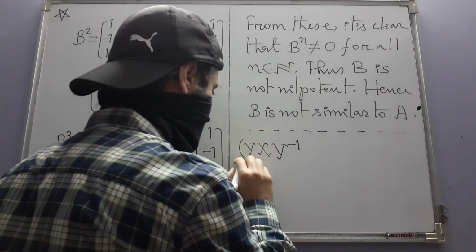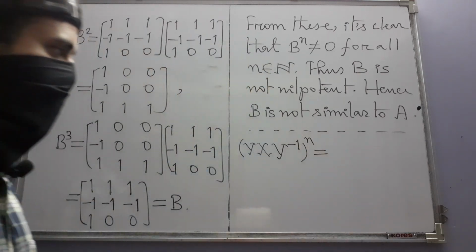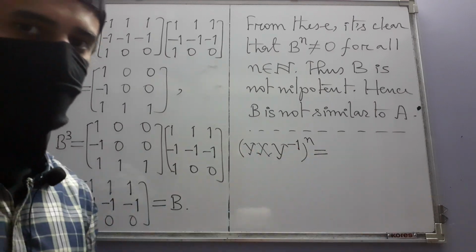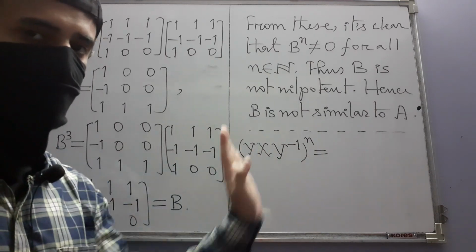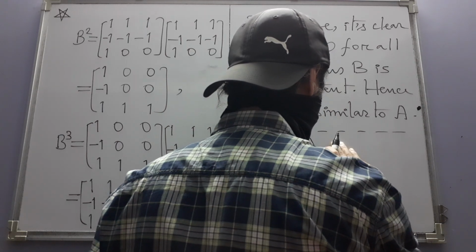Then what is the nth power of this? If you write n copies of Y X Y inverse one after another, you will see that there are some cancellations, and you end up getting this.